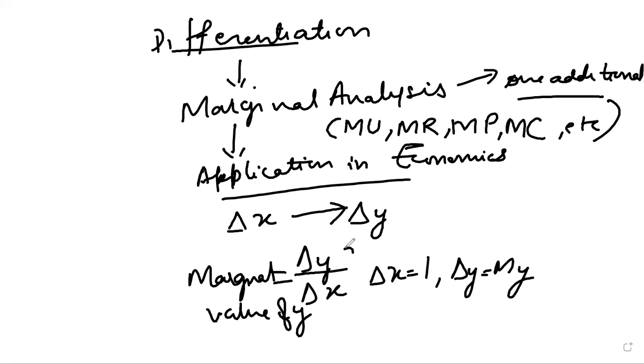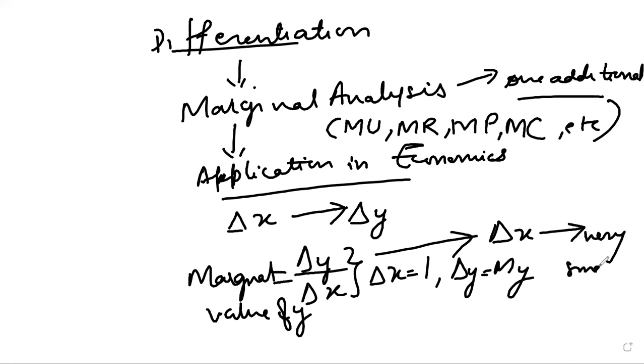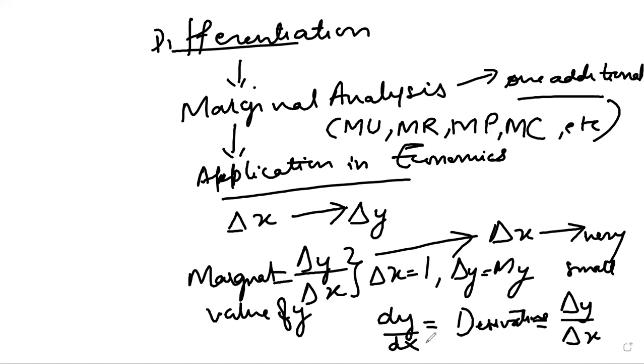Now, when this change in x is very small, then this delta y by delta x becomes the derivative, and we do not write it as delta y by delta x, we start writing it as dy by dx.